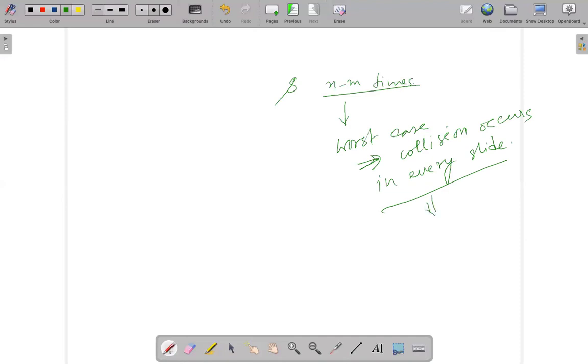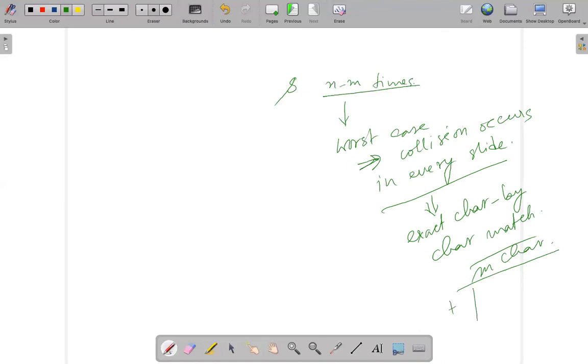And for each such collision, you will have to do an exact character by character match. Right? So there are m characters, so you will have to match m characters of the text string with the m characters of the pattern.